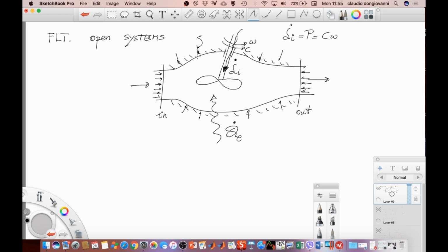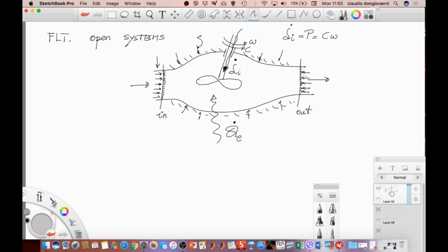While the mass here is moved into our system, as well as the mass here is moved out. In this part there is a work done by this pressure that pushes our fluid into our machine. Here there is the pressure that resists the mass going out.